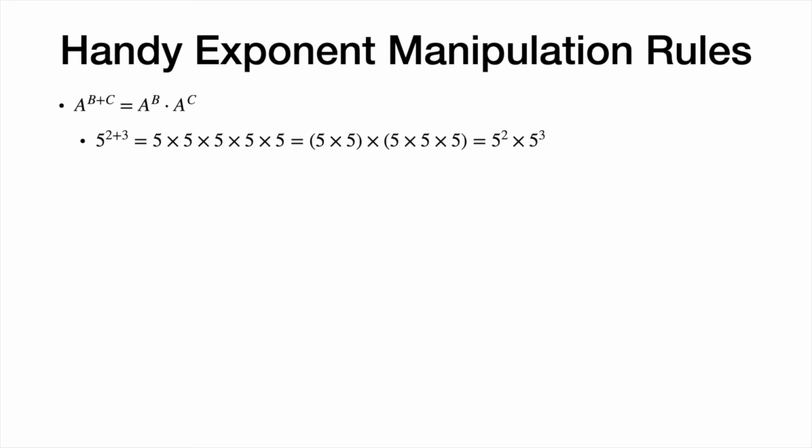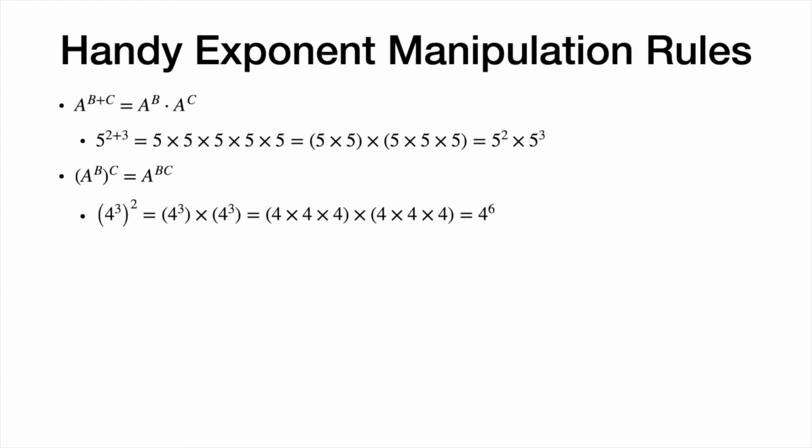Well, we can use our multiplication rules, which say that the associative rule says that we can regroup these any way we want. And you can see that 5 to the 5th, you can group 2 of the 5s together and then 3 of the 5s together. And that's the same as 5 squared times 5 cubed. So 5 to the second power times 5 to the third power. And those are the same thing. And so that's kind of an illustration of the rule above.